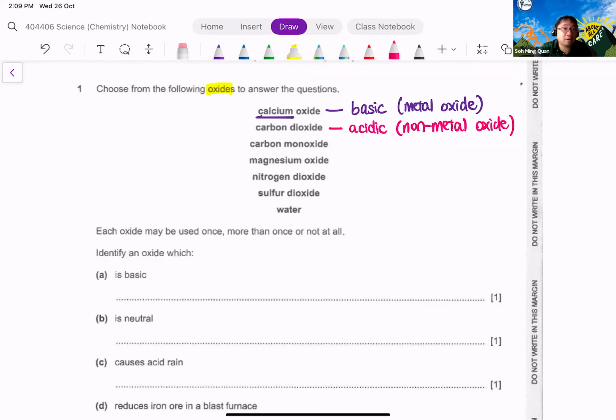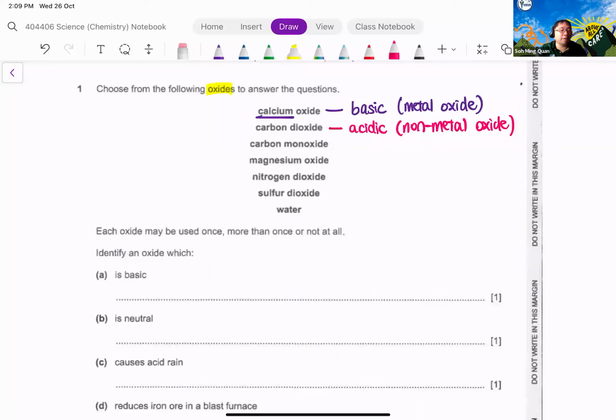Acidic oxide only reacts with bases. So you need to remember this. If I am a base, I will react only with acid. If I am acidic, I will only react with bases. Okay, so you have to remember 1 acid, 1 base.